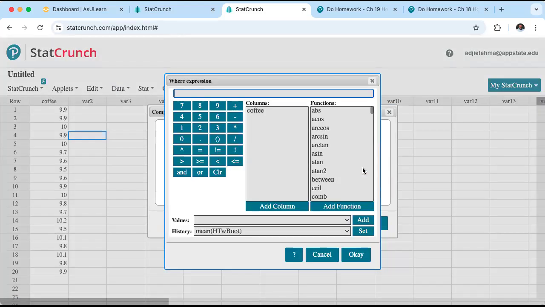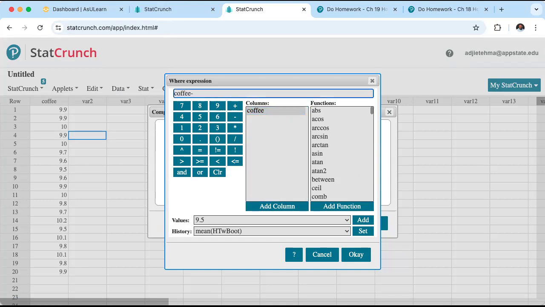When you click on build, what do we have to do here? Let's click on the name of our column, which is coffee. I double click it and it shows here.